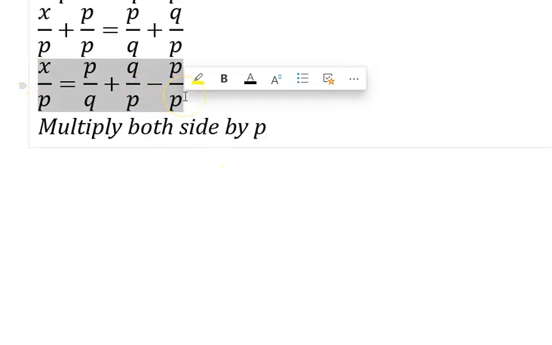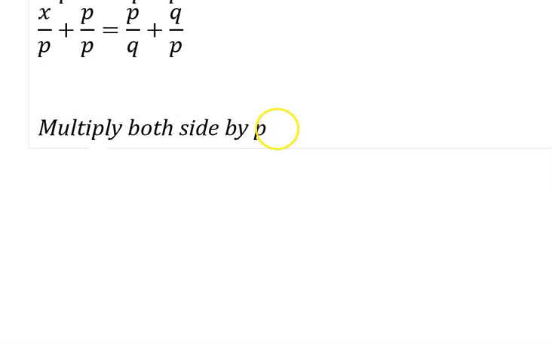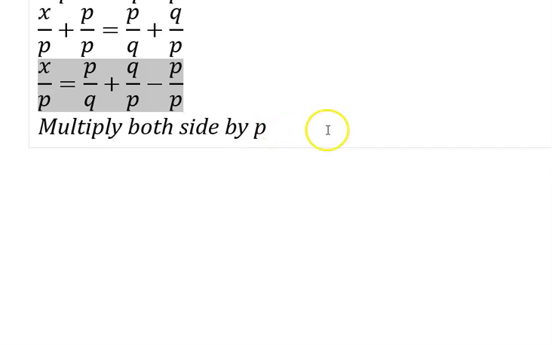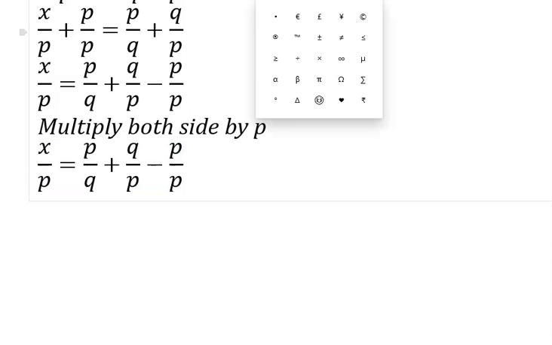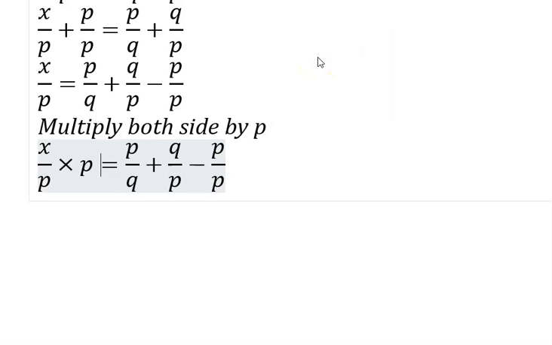So all we have here, bring it down here. Since we are multiplying both sides by p, that means we are going to multiply here by p and multiply what we have here as well.